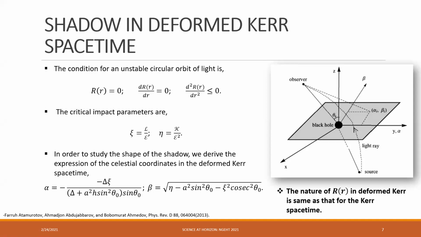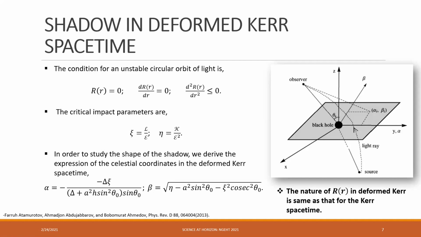The basic idea behind the formation of shadow is the gravitational lensing phenomenon, where light is bent when it is in the vicinity of an ultra-compact object. The detailed concept will be discussed in tomorrow's lecture by Dr. Dipanjan Dey, but for now, I'm going to give you a brief idea.